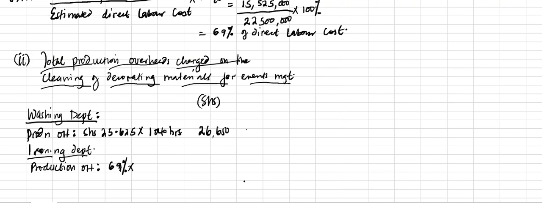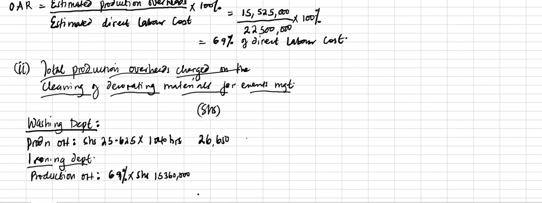So this is 69% of shillings 15,360 thousand. 69% of 15,360 gives us 10,598,400.